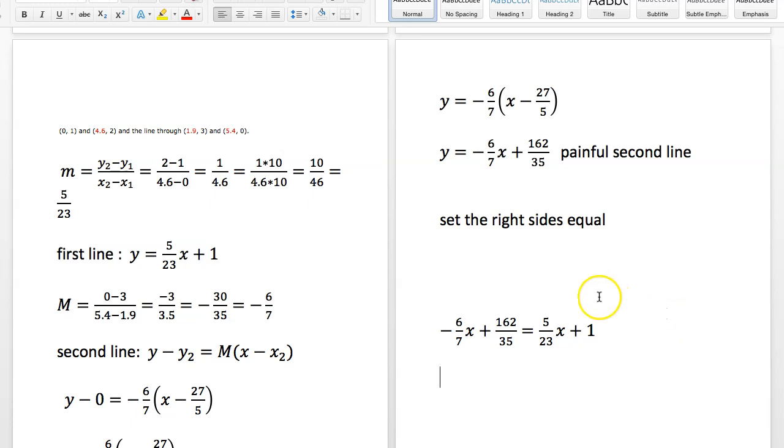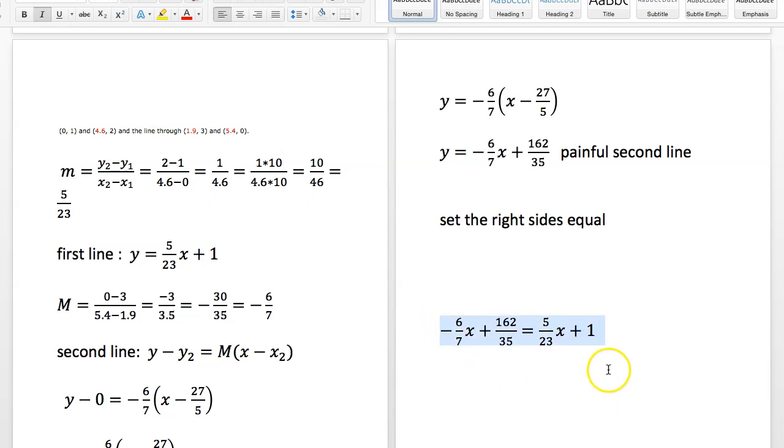I want to get my x's on one side. So you want to do Benedict Arnold. I need to copy this guy.